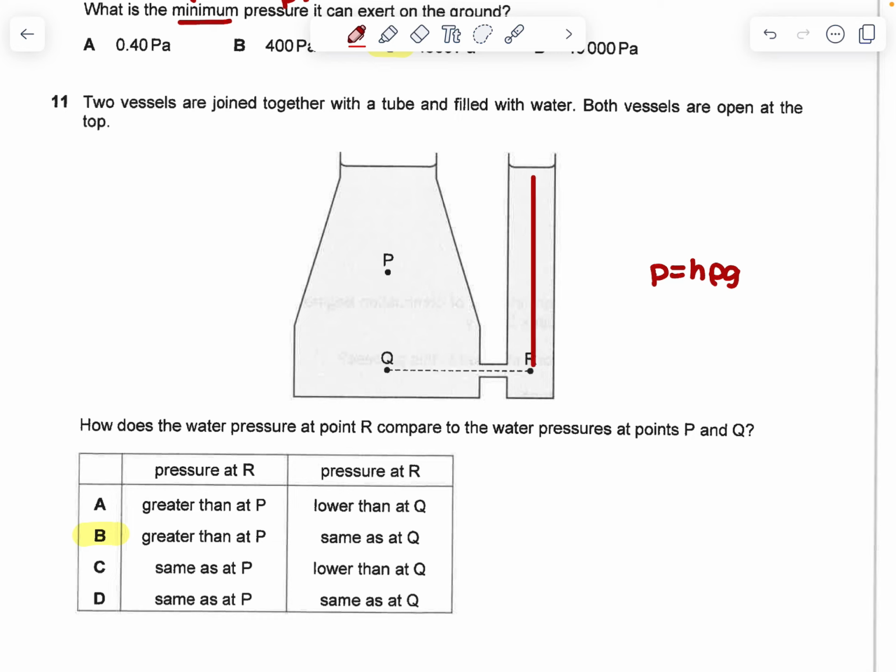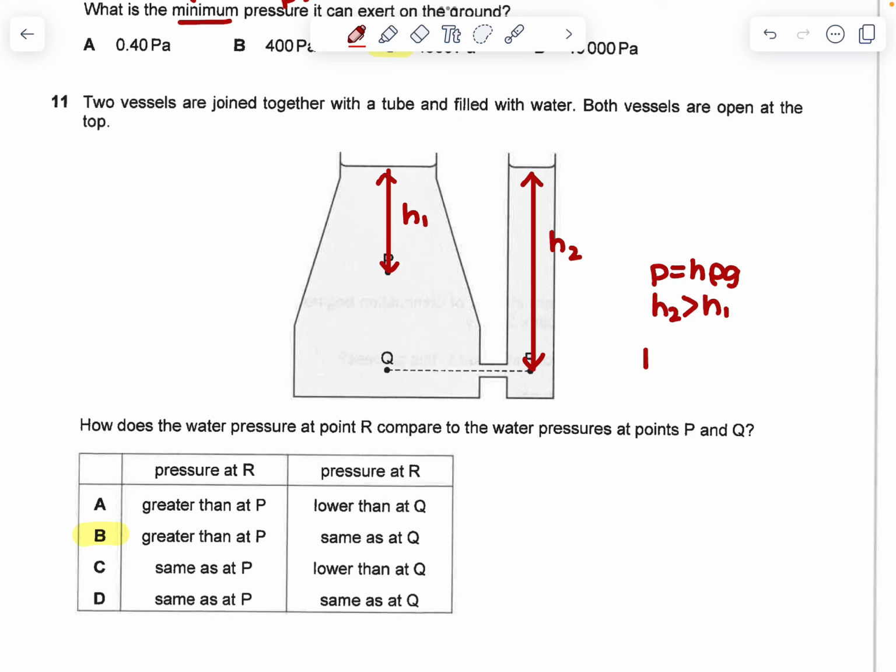How to get the pressure at R? We take the height, we give it H2. For P, this is H1. We realize that H2 is greater than H1.